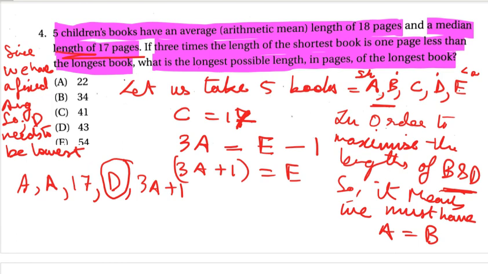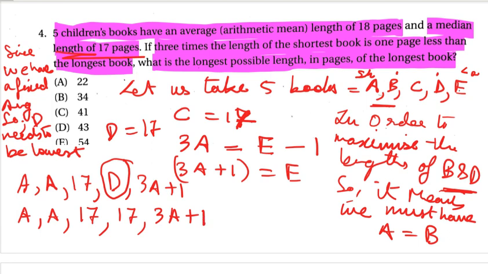D needs to be lowest. So what will I take the D as? Let's take the D as 17 because that's the median. So now you have A, A, 17, 17, 3A plus 1.